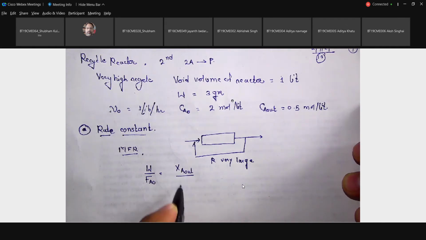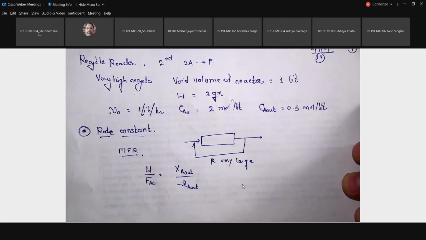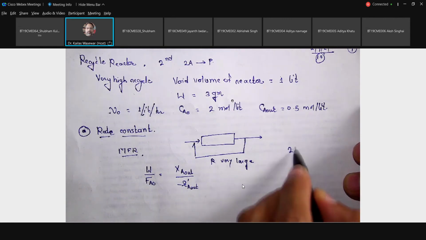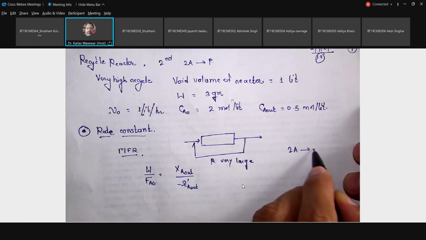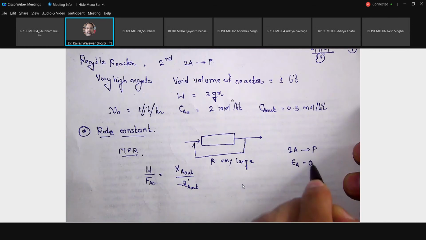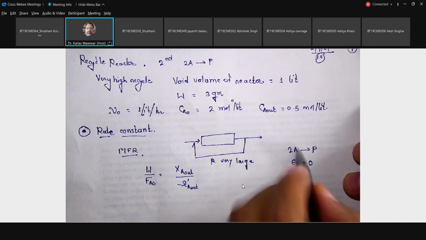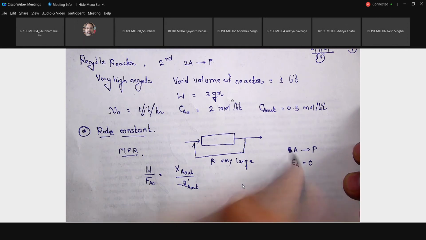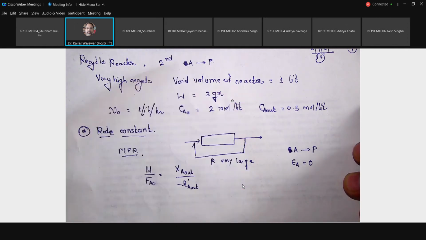We have seen this in the last lecture. So it is a very simple reaction: 2A gives P, second order, epsilon A is 0, liquid phase reaction. Sorry, it is a non-elementary reaction, so epsilon will be 0 for this one.